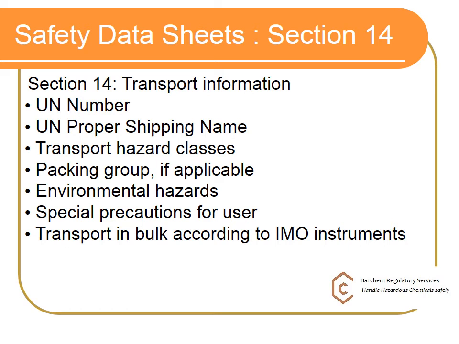Section 14, transport information: UN number, UN proper shipping name, transport hazard classes, packing group if applicable, environmental hazards, special precautions for user, transport in bulk according to IMO instruments.